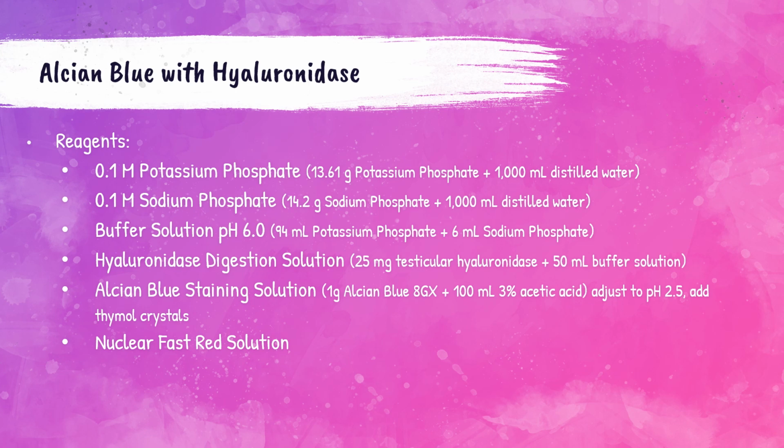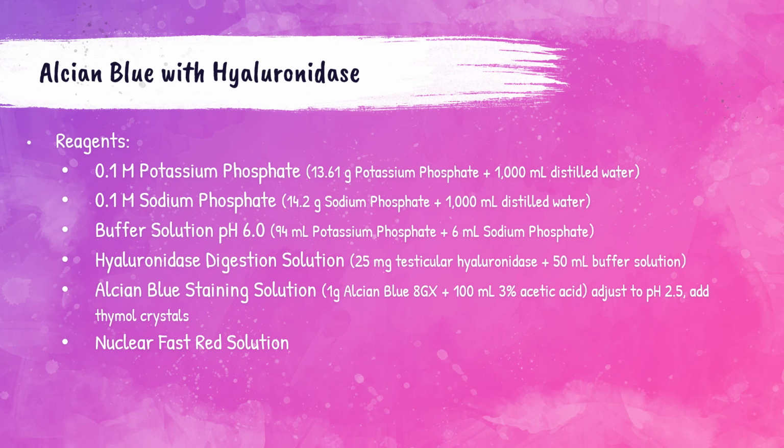Buffer solution with a pH of 6, so this is prepared by mixing 94 milliliters of potassium phosphate with 6 milliliters of sodium phosphate. The hyaluronidase digest solution, so this is prepared by combining 50 milliliters of the buffer solution to 25 milligrams of testicular hyaluronidase.